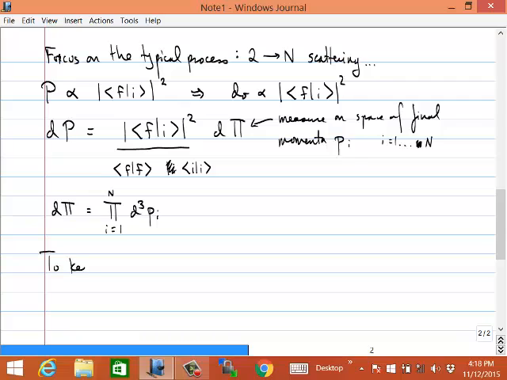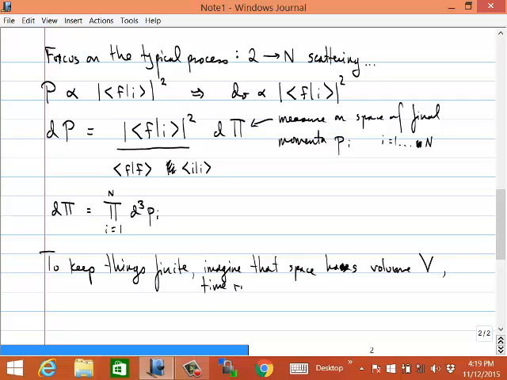And so in order to keep everything finite, I want to imagine that space, instead of being infinite volume, has some large but finite volume V, and similarly that time runs over some finite interval of length that I'll call capital T.